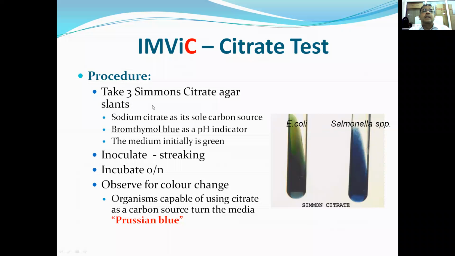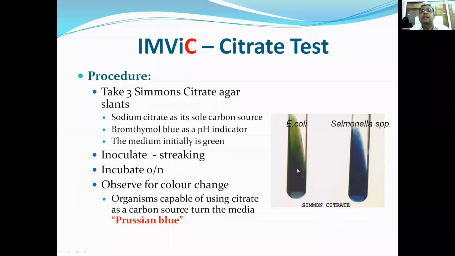After preparing this media, you go for inoculation by streaking, incubate, and observe for color change. If the test bacteria are capable of utilizing citrate as a carbon source, and they possess the citrase enzyme, then it will produce a Prussian blue color. So this is a Prussian blue color.